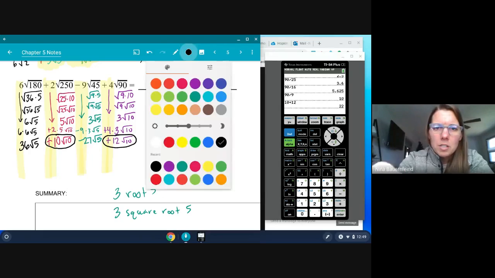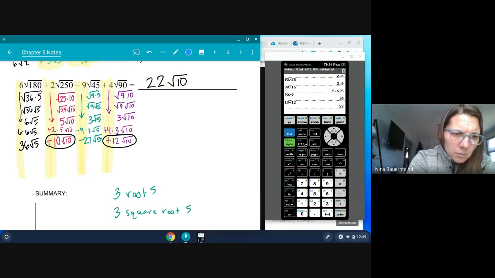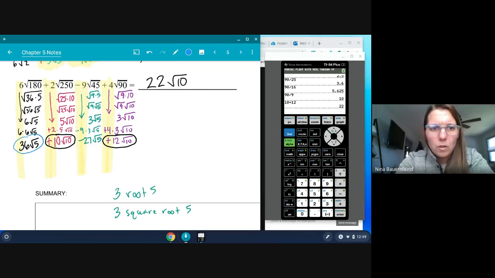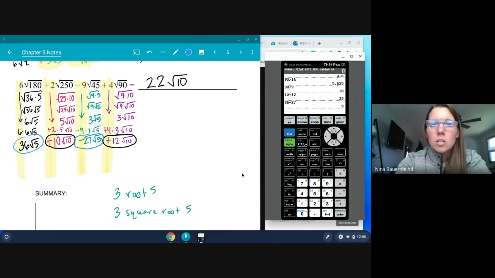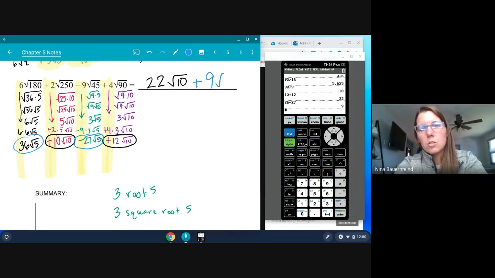And then what you'll see, hopefully, is that we have this 36, which is also positive because there's nothing in front, so we have to assume it's positive. And then we have a minus 27. So we can do 36 minus 27. Ignore the root. And that's 9. So we have plus 9. And now just put that square root 5 on the end. And that would be your final answer.